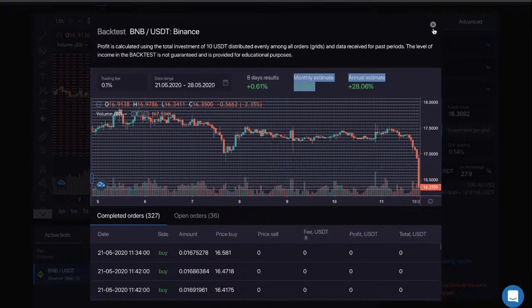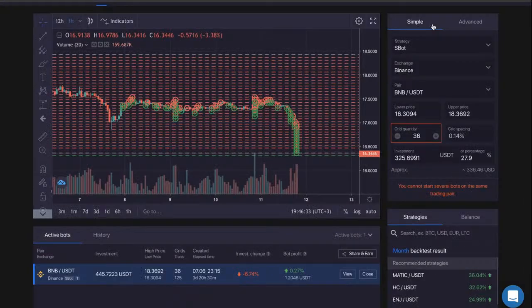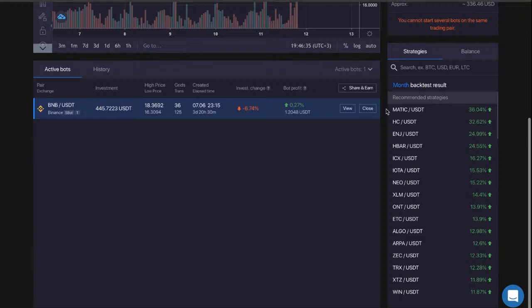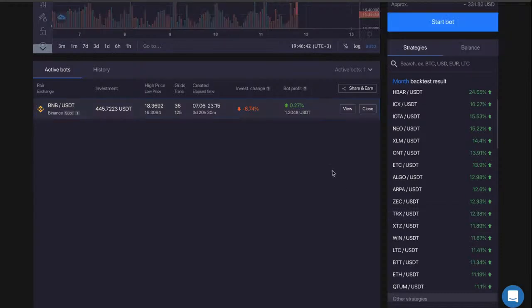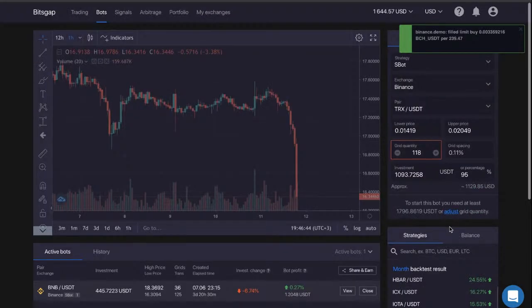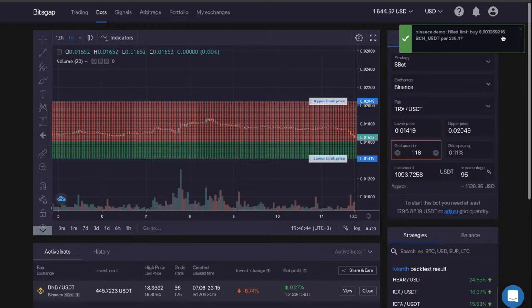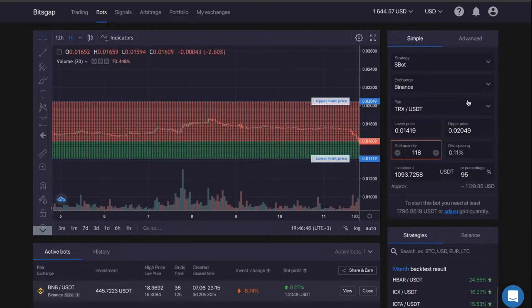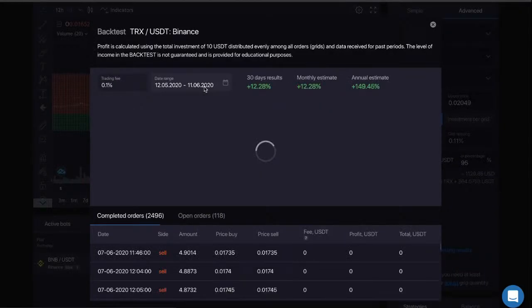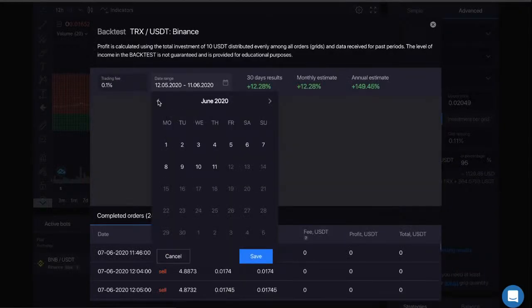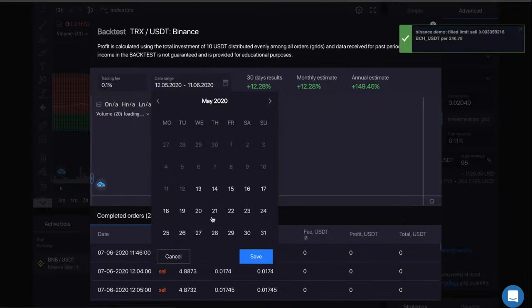Now let's compare the same period for other cryptocurrencies, let's say Tron trading to USDT. We click on advanced, go to show backtesting results, and choose the same period, from the 21st of May till the 28th of May.